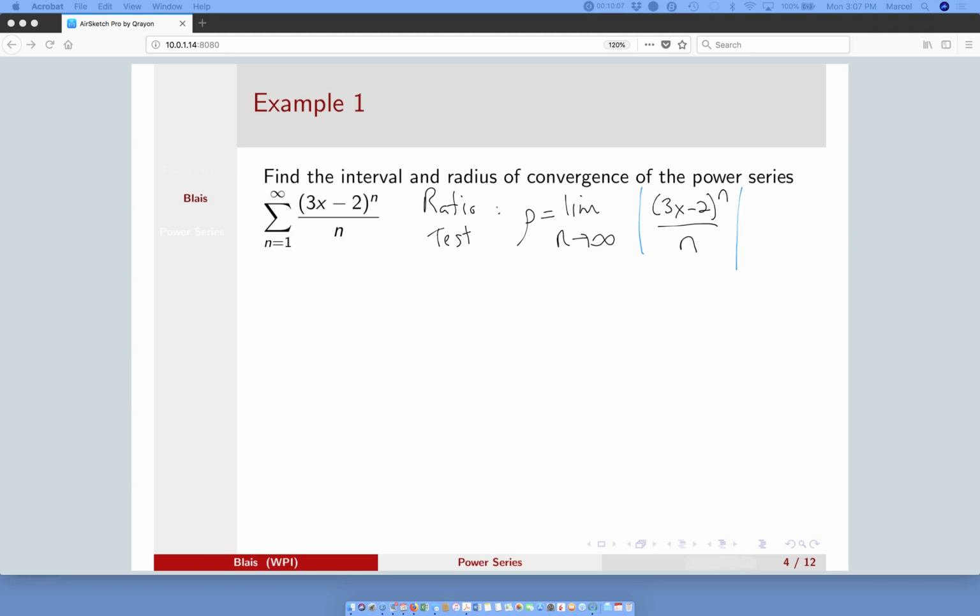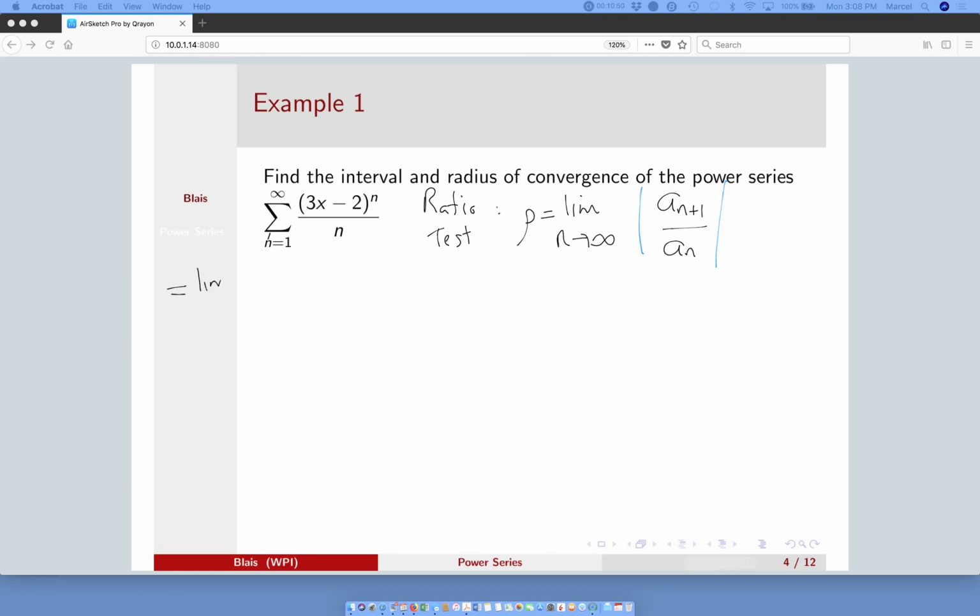So you always want to make sure to remember that when you're doing this step, you're doing the absolute convergence test for a power series. Since we're doing the ratio test, you always want to make sure to have those absolute value signs here. And so the ratio of the n plus first term to the nth term. So let's move forward with this.